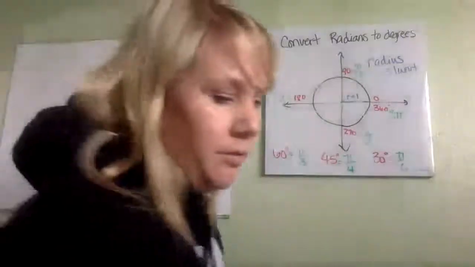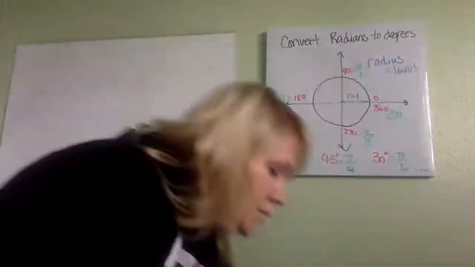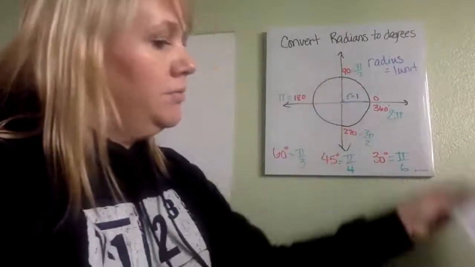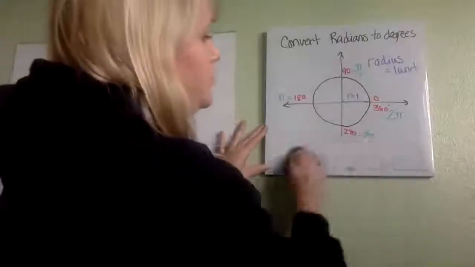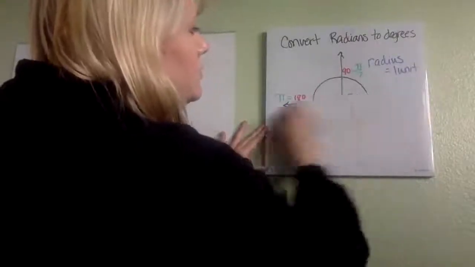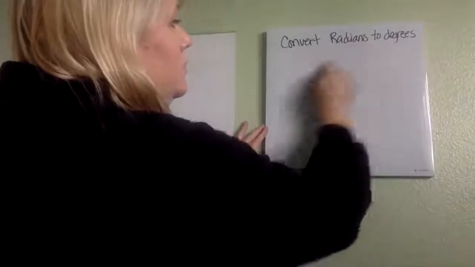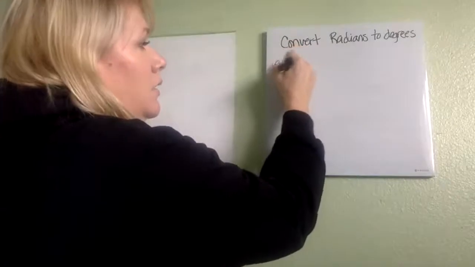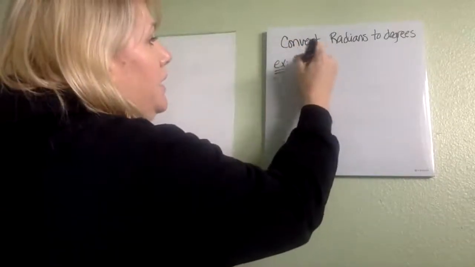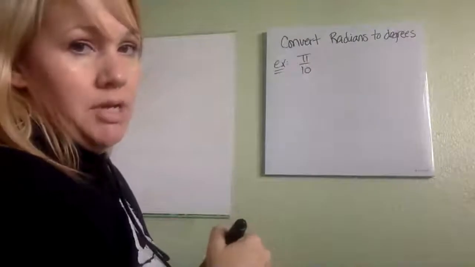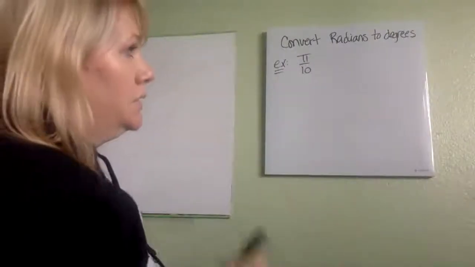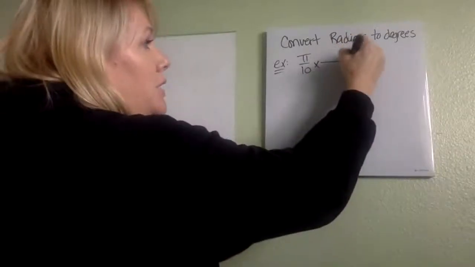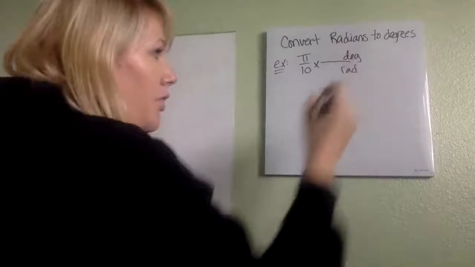Okay, so now we're going to convert from radians to degrees, given any amount. Okay, so if I was going to convert pi over 10, which is a radian measure, to degrees, I would multiply by a fraction that would have degrees on the top and radians on the bottom.